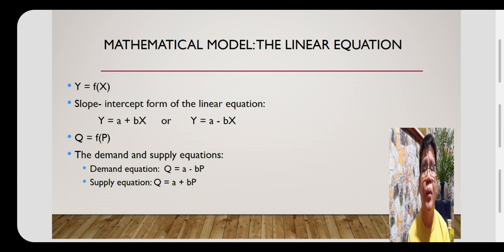That is, if x will increase, y will also increase. Or if x will decrease, y will also decrease. So there is the same direction between the two variables, the x and the y.